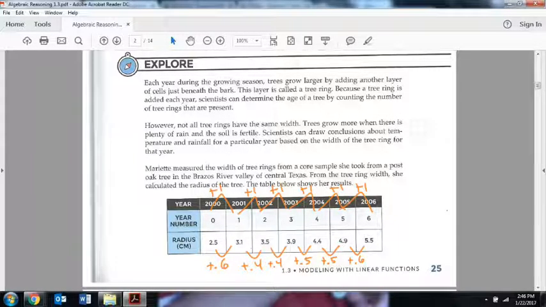I'll put average change in y equals 0.6 plus 0.4 plus 0.4 plus 0.5 plus 0.5 plus 0.6. And we're going to divide it by, there's 1, 2, 3, 4, 5, 6, divided by 6.